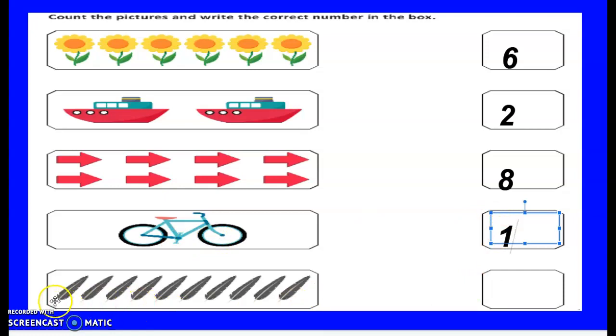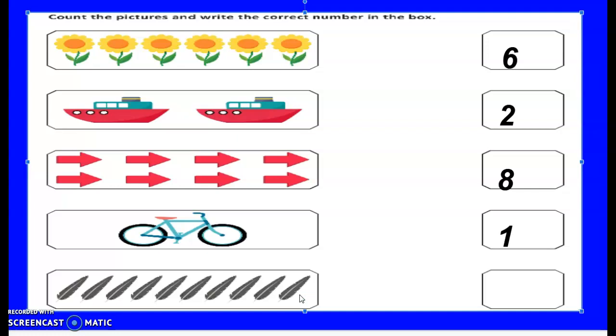Come on now children, count the feathers. How many feathers are there? Put your finger. 1, 2, 3, 4, 5, 6, 7, 8, 9, 10. How many feathers are there? 10. Again one more time we will count, in case by mistake we have said one number more or less.